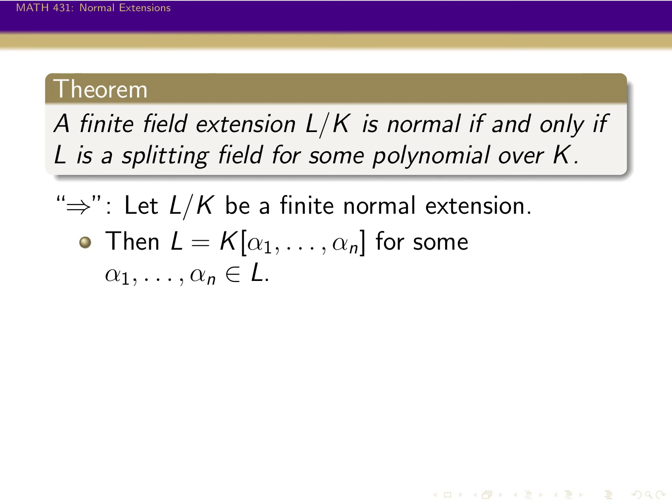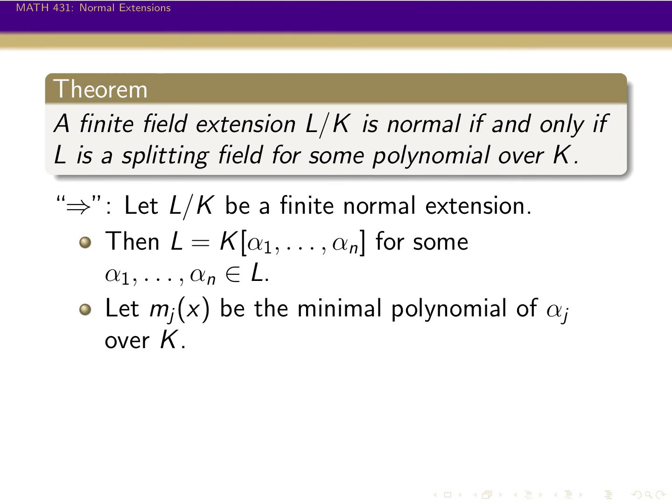This is a property of L over K being finite. Well, then we can just take the minimal polynomial for all of these alpha j's that we use to generate the field extension. We're going to let our f of x be the product of all of these minimal polynomials.